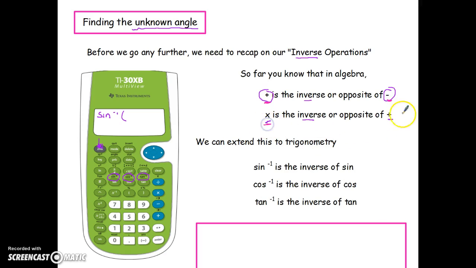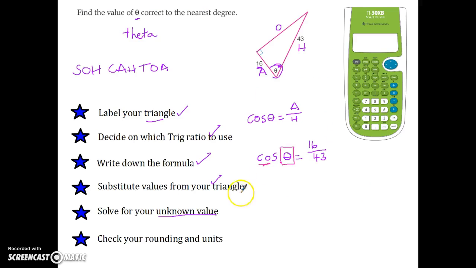If it was a times and we needed to get rid of it, we would divide. We're going to use these inverse operations to help us undo this equation. So to get this theta by itself, we're going to do the inverse of cos, which is cos -1. So theta is the inverse cos of 16 over 43.